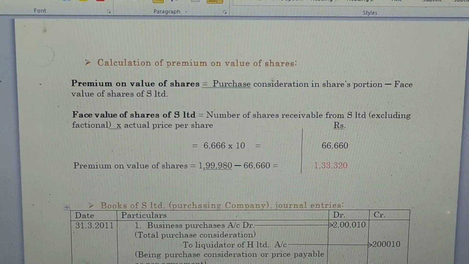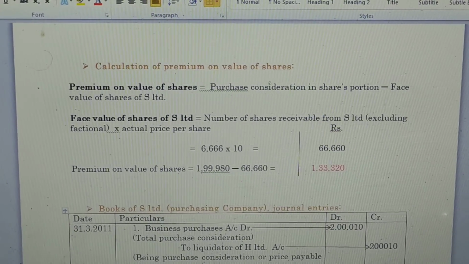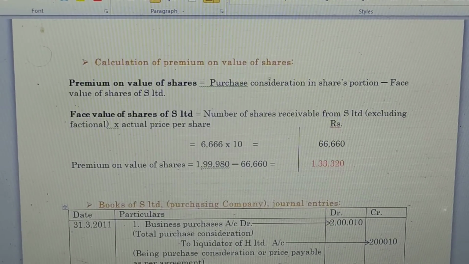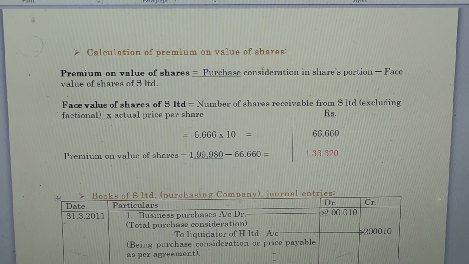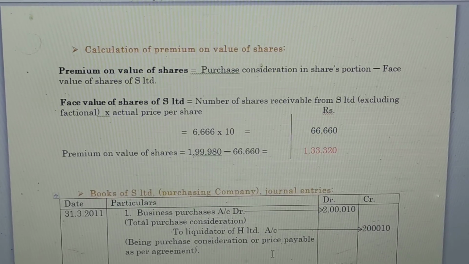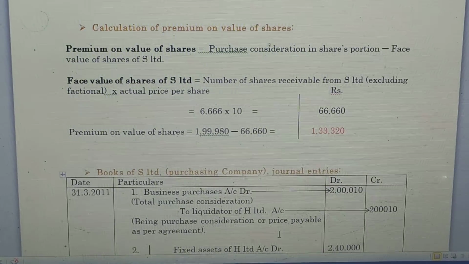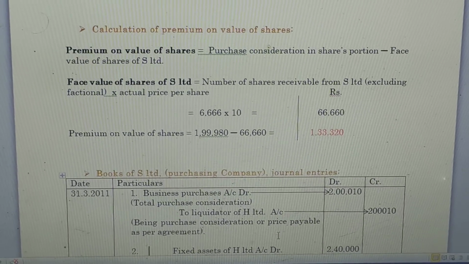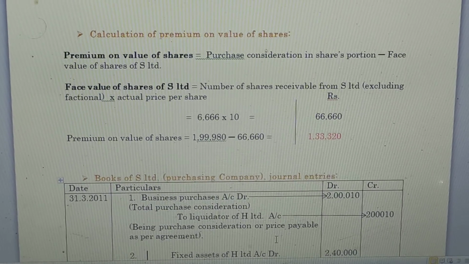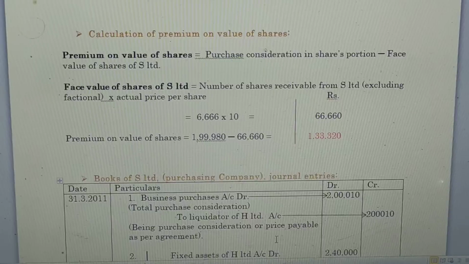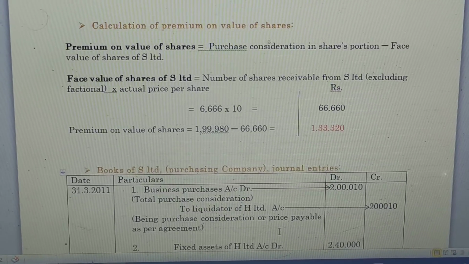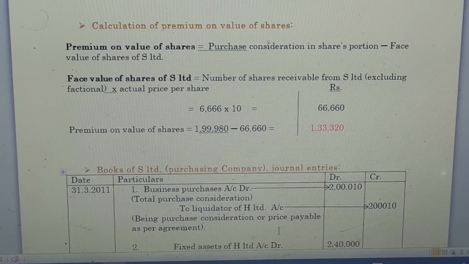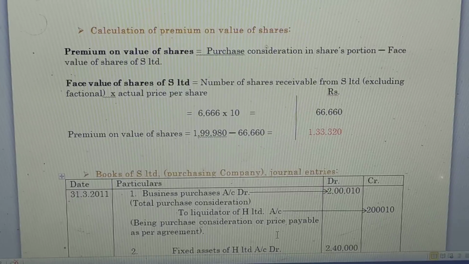Then we calculate the premium on shares. Premium on shares equals purchase consideration in shares portion minus face value of shares of S Limited. Face value of shares of S Limited equals the number of shares receivable from S Limited, excluding fractions, multiplied by the actual price per share.